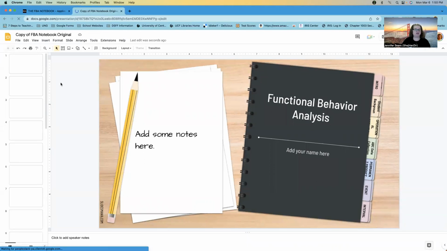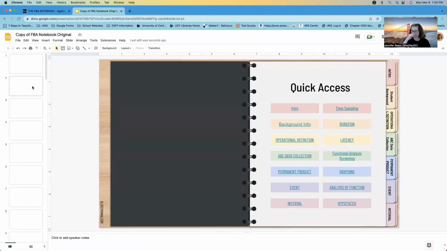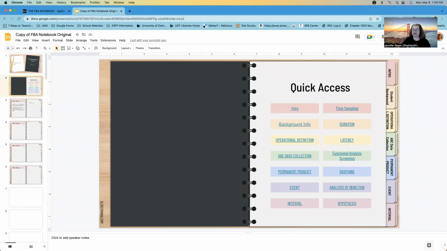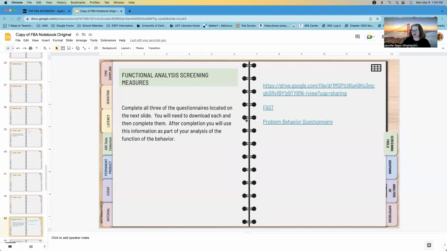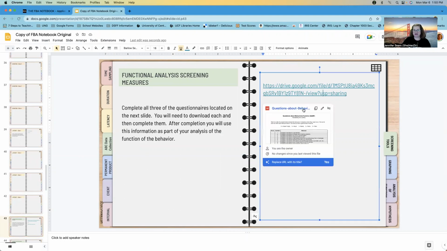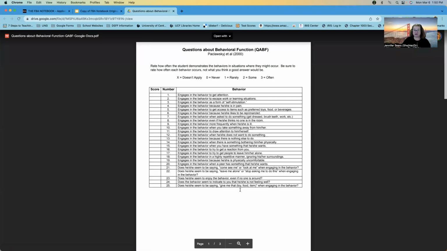I'm going to go to my introduction page, and you will see here that you have your analysis of function. If you go to your functional analysis screening, this is where the functional analysis screening measures are. You have all of them right here. When you open it up, please go ahead and print this out because you're going to fill this out.